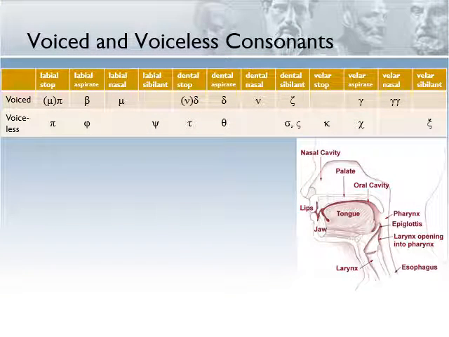As we said in the first video, Greek consonants consist of both voiced and voiceless consonants. When you think about this feature, you can pronounce consonants either by vibrating your voice box or by not vibrating your voice box.